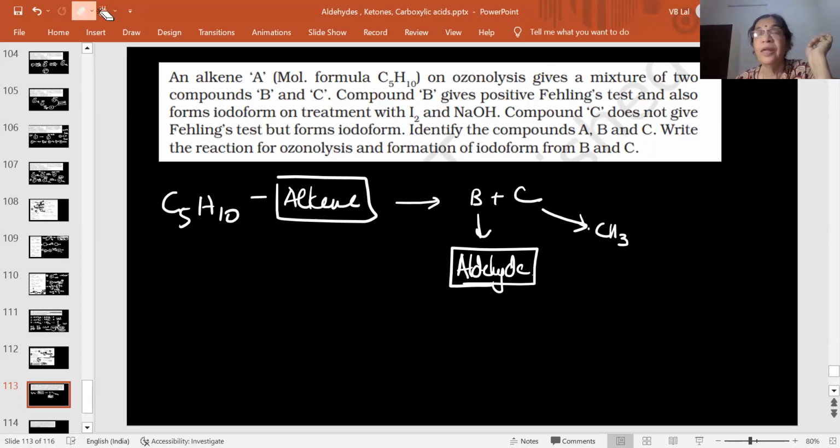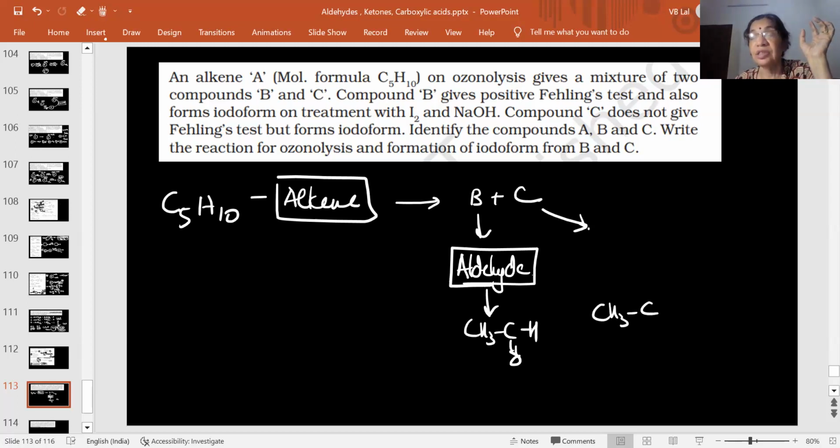Do you know? It is CH3CHO. Only one aldehyde gives. I told you. C double bond O and H. So B is this one. Now, C does not give Fehling's test but forms iodoform test. So C will be CH3, C double bond O, CH3.